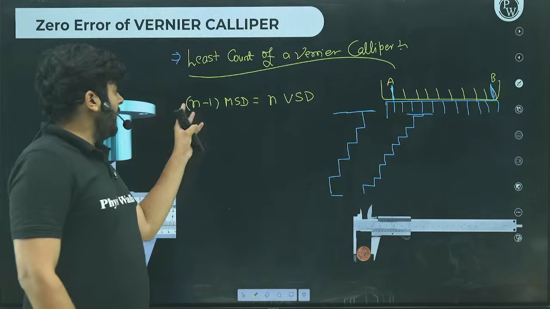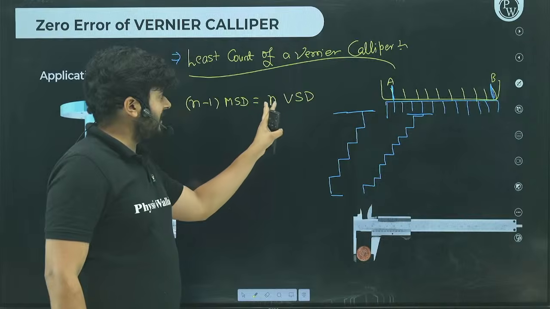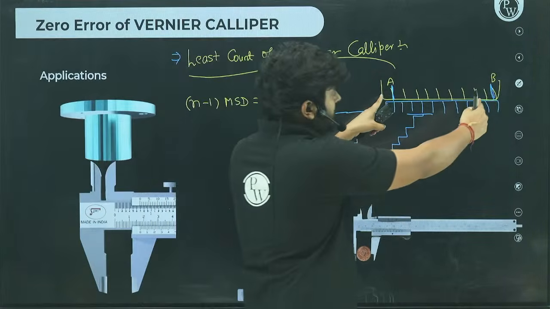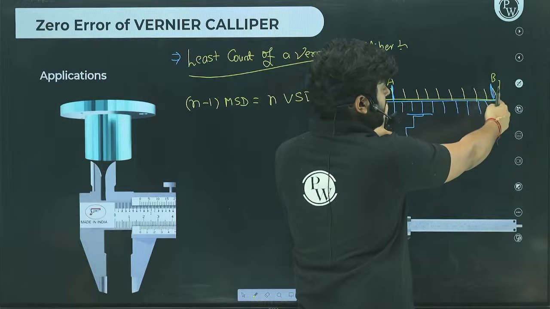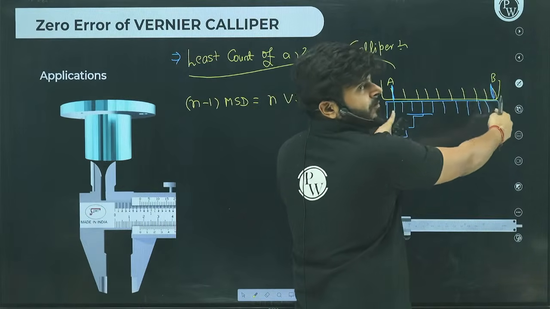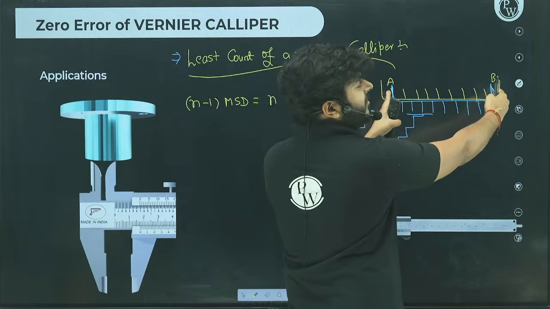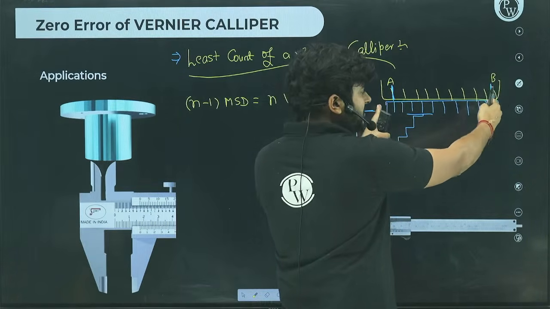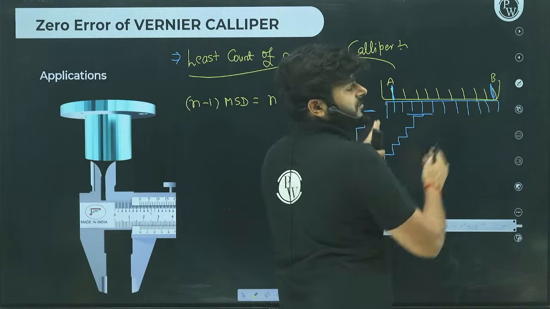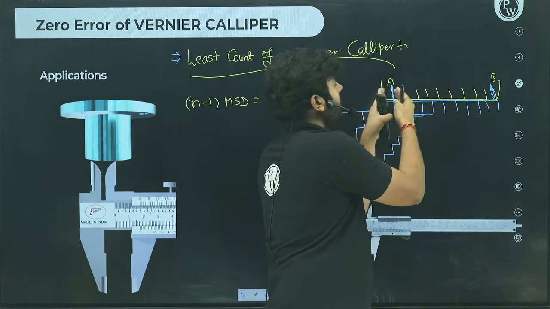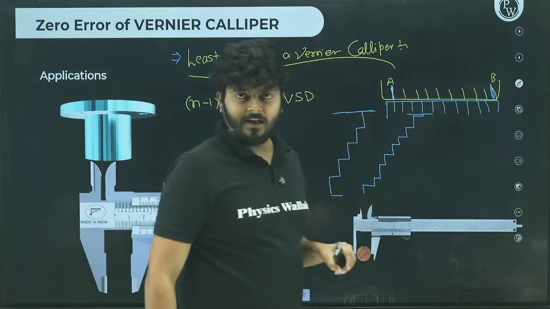N minus 1 main scale divisions are coinciding with n Vernier scale divisions. N minus 1, 9 main scale divisions are coinciding with 10 Vernier scale divisions, right? So in this space, you had 9 divisions in the main scale, but in the same space, you have 10 divisions in the Vernier scale. So clearly Vernier divisions are much closer as compared to the main scale divisions, right?